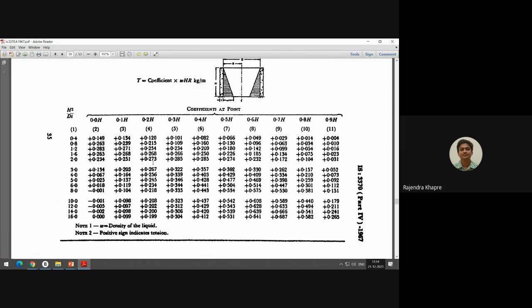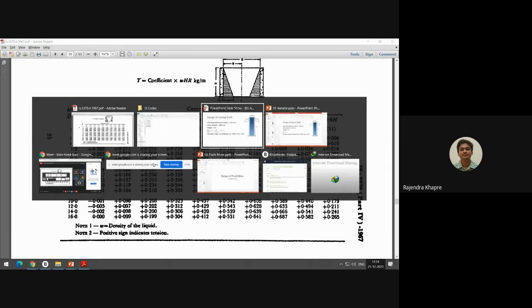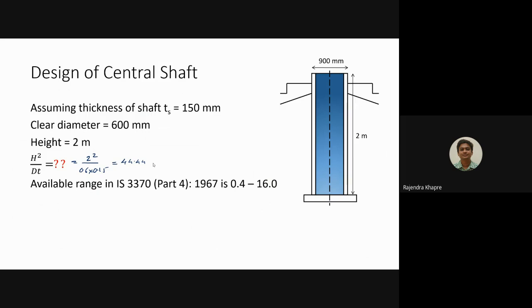What we have got, the h square by dt value, we have just now seen, is 44.44. So there is a limitation that this particular table in the IS code is applicable only for h square by dt values in the range of 0.4 to 16. So in this particular case, what has to be done?